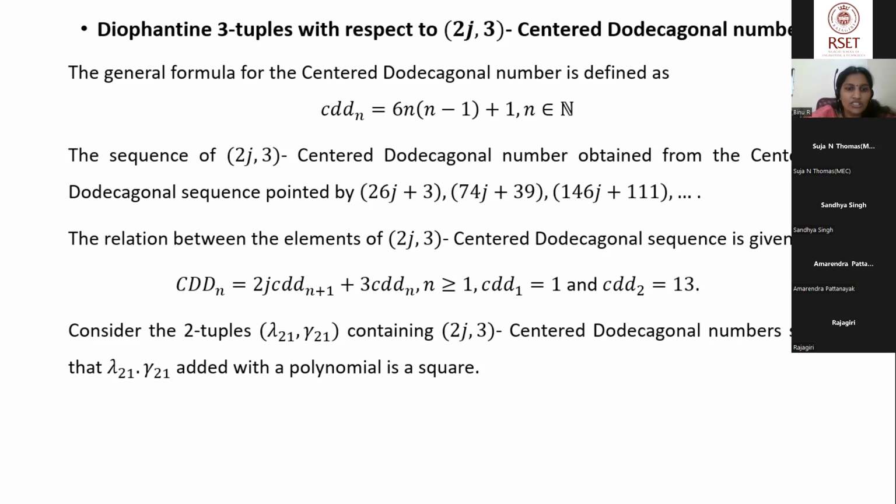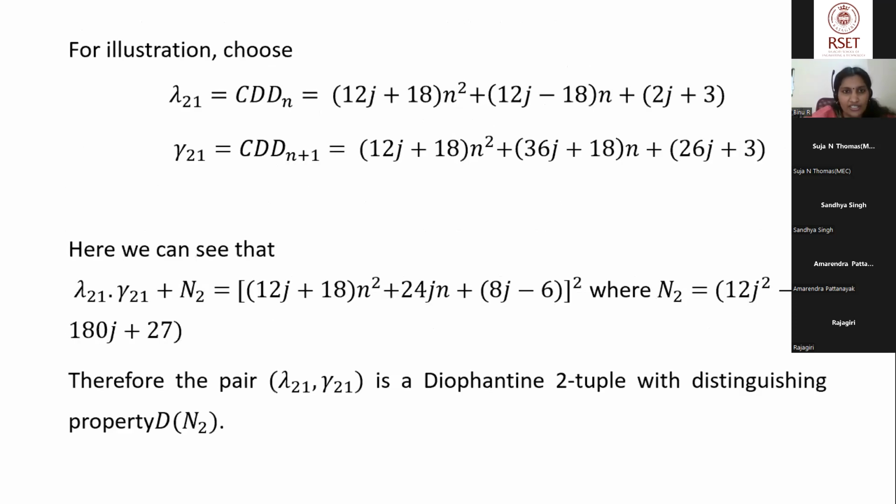Consider the two tuples lambda 21 and gamma 21 containing the 2j centered decagonal numbers, by multiplying lambda 21 into gamma 21 and adding a polynomial to get a square. And I obtain the result lambda 21 into gamma 21 plus n2 is equal to a perfect square, where n2 is equal to 12j square minus 180j plus 27.